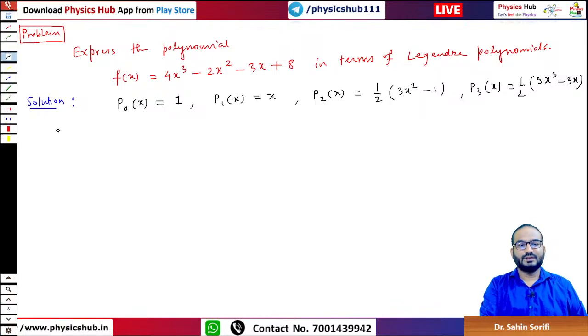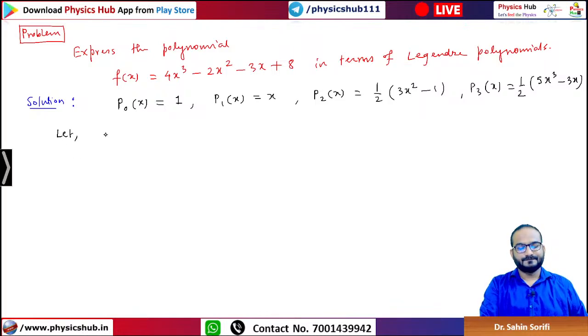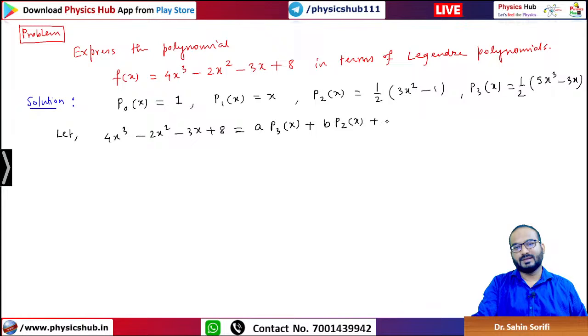Now let this 4x cube minus 2x square minus 3x plus 8. We do not know what the coefficients will be, but we can write it in a general form like a times p3x plus b times p2x plus c times p1x plus d times p0x.